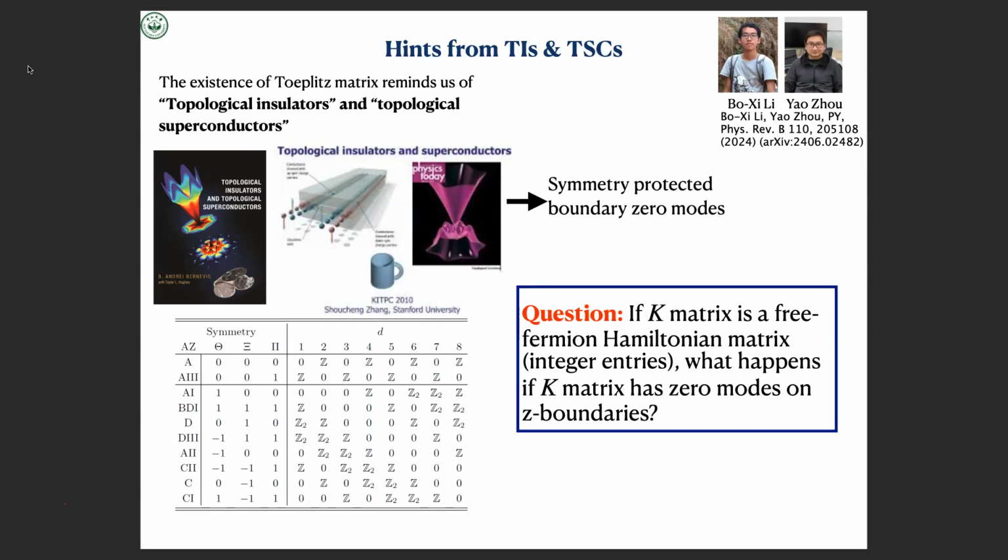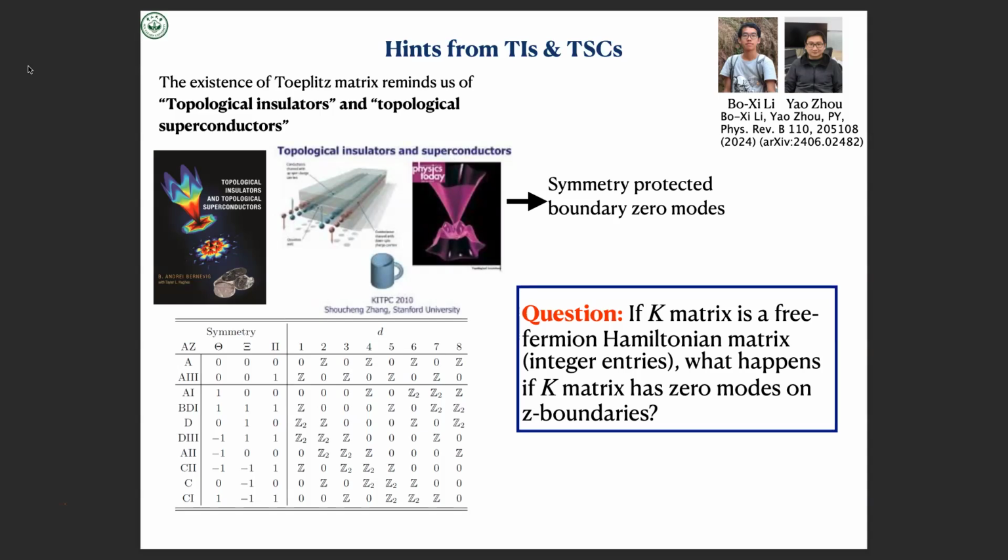Basically, the K matrix is formally a free-fermion Hamiltonian matrix, but remember that now we have to enforce the condition that all entries of this K matrix must be integers, because we need to guarantee the large gauge transformation. This is the only difference here.